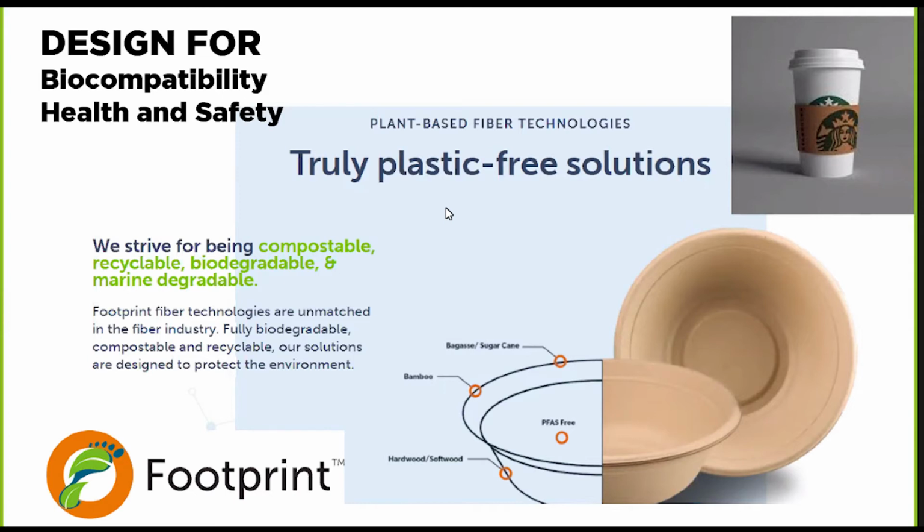Everything from dairy cups to meat trays to egg cartons to freezer meals, the meals that you just pop in your oven and cook. What they've really done is focus on this plant molding technology, which is not so new, but their main thing is looking at the barrier technology.